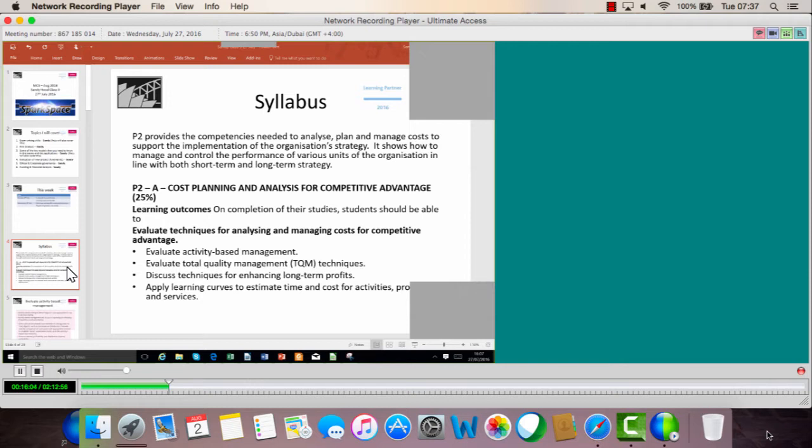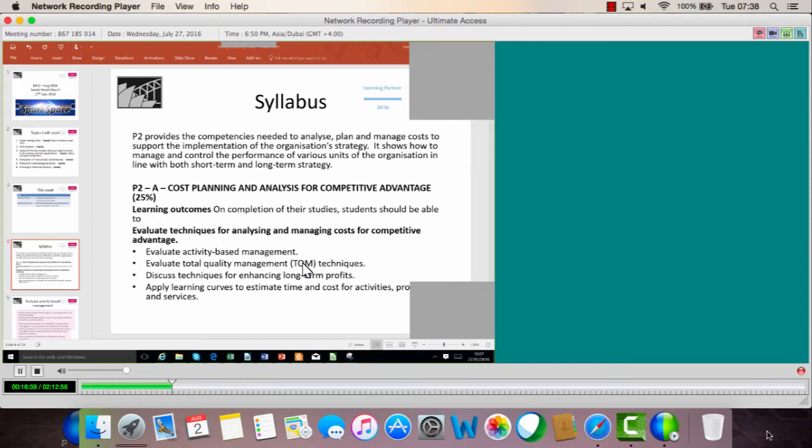So when they list in here, evaluate activity-based management, that's building on a knowledge of activity-based costing, which is part of the P1 syllabus, and a recognition that activity-based management incorporates activity-based costing and activity-based budgeting. So we'll look a little bit at that and we'll see where that goes, because within the P2 syllabus, they develop it. See more in a minute.